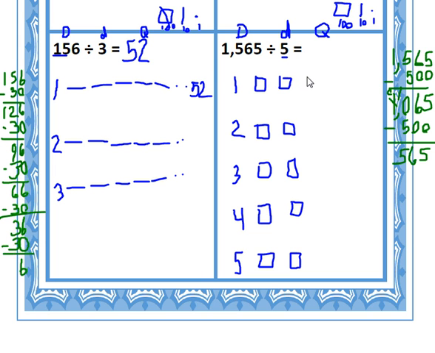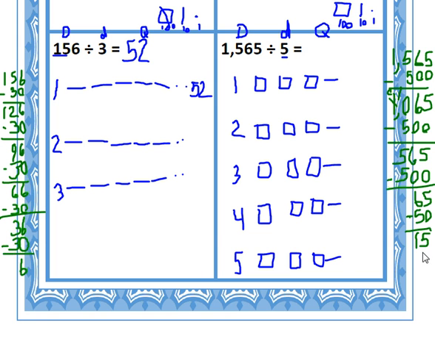So I can do 100 again. 100, 200, 300, 400, 500. Now we subtract to have a difference of 65. Can we use these tens now? Let's try it. 10, 20, 30, 40, 50. Yeah, we can do 50, so let's subtract that. And we have a difference of 15.